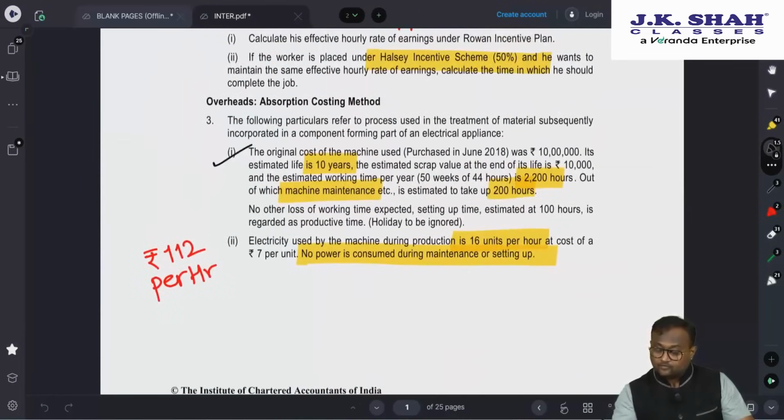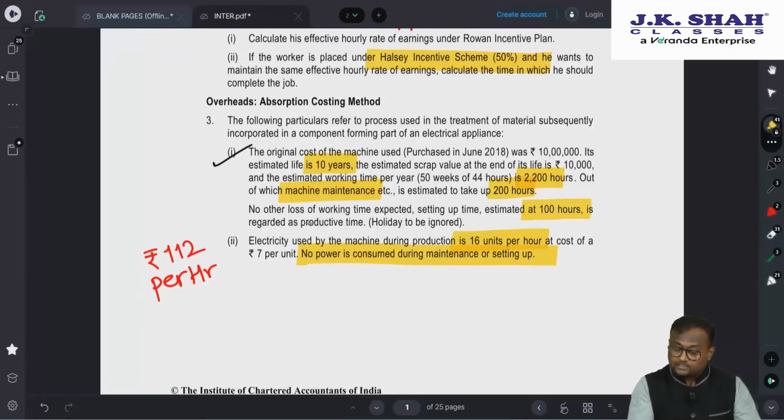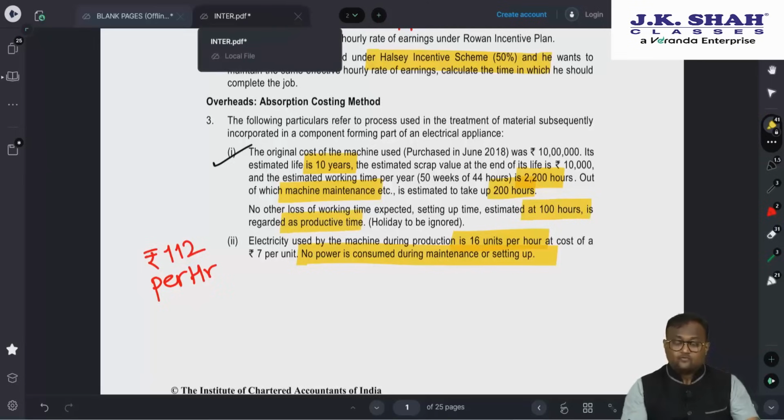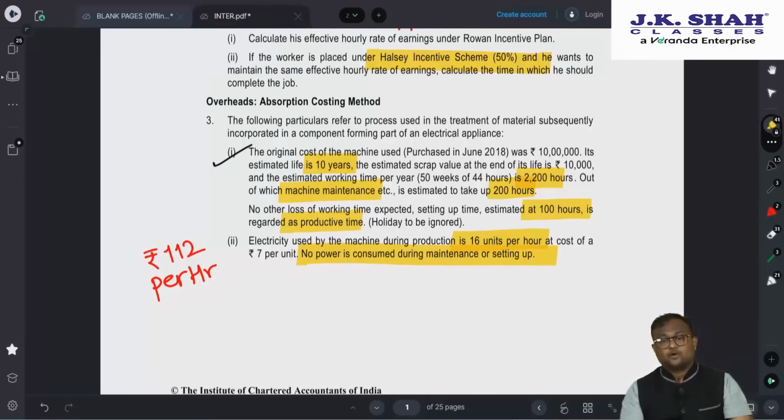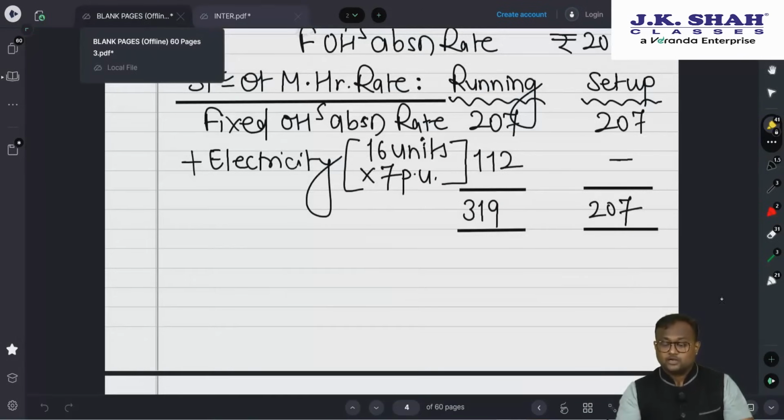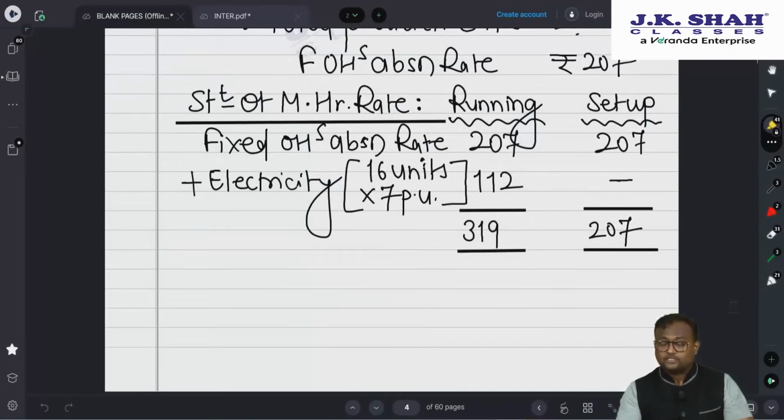If they would have said that setup time of 100 hours is unproductive, then there would have been only one productive phase of 1900 hours, and the entire calculation would have been done based on 1900 hours. But since there are 2 phases, your answer should be solved like this.